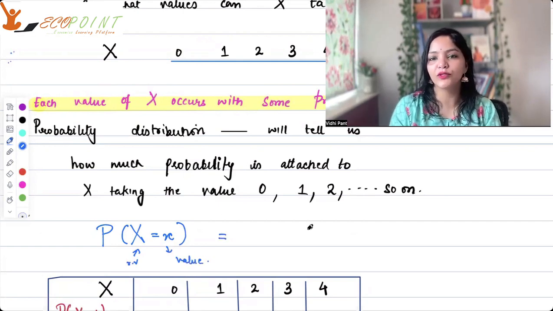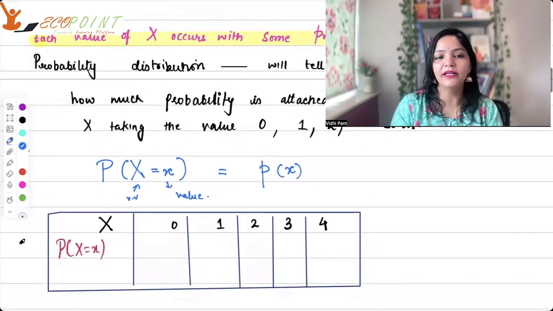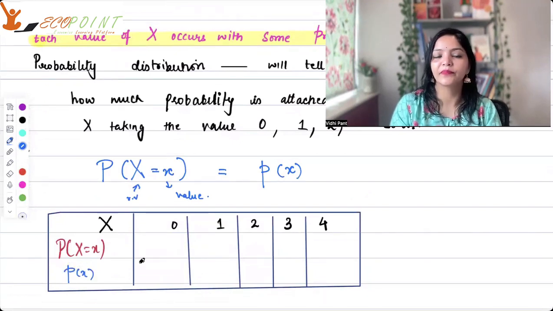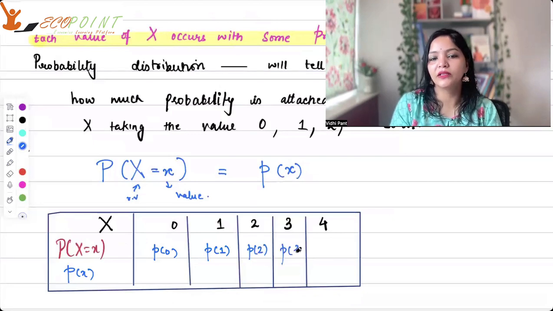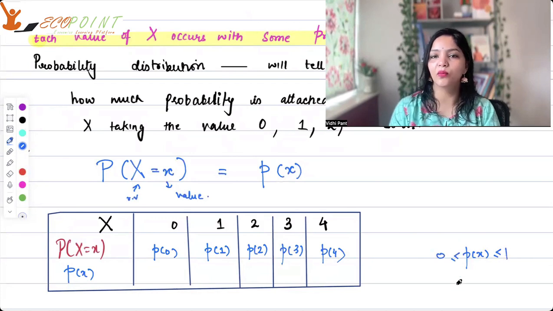Many a time, this is also denoted as lowercase p and the value x. So probability X is equal to x can also be denoted as p(x). If X is taking value 0, then this will be p(0). X is taking 1, it is p(1). p(2) in case of 2, p(3), p(4), where all these are probabilities, so they will be between 0 to 1.